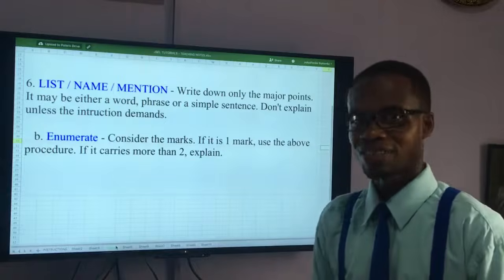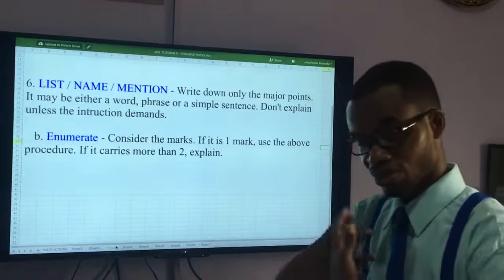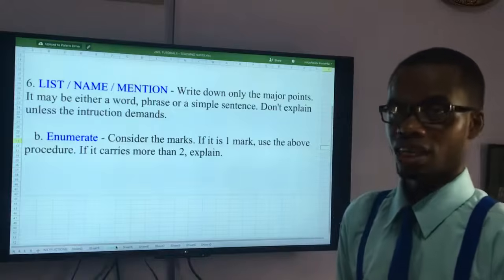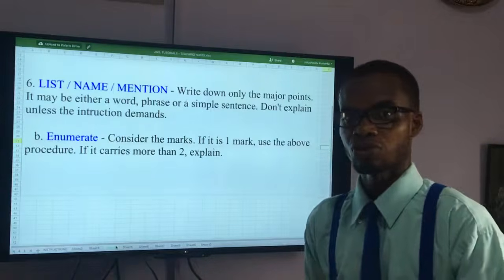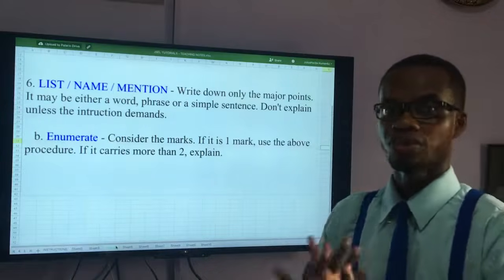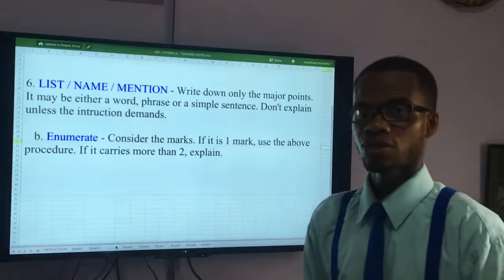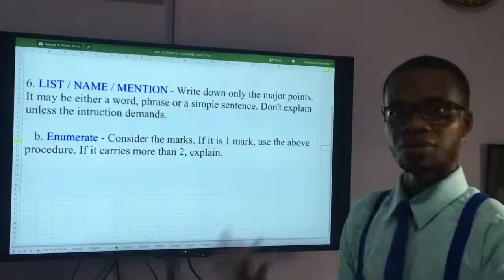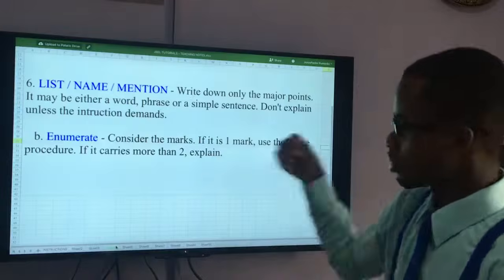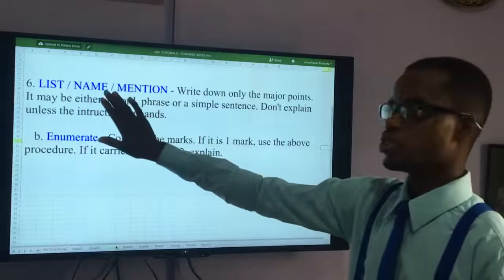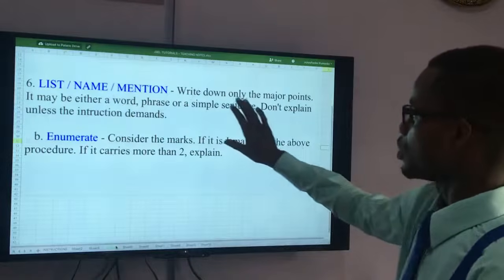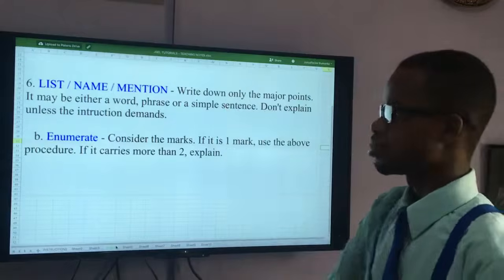You can go ahead and construct the sentence. Some students are very clever candidates. They are fast and they can do it. Every point they would like to put in a statement form. That's good. You can do that here. You will not be penalized.